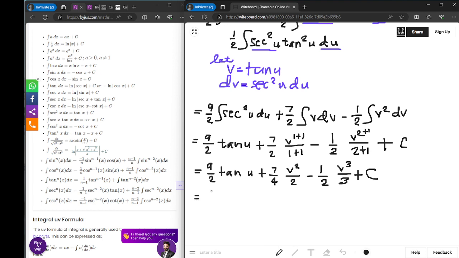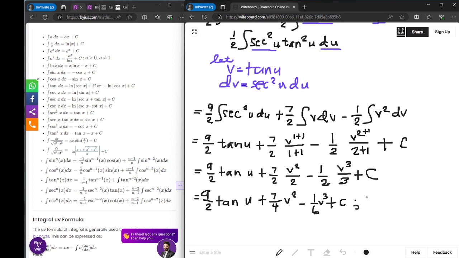Simplifying further, this is now 9 over 2 times tangent of u plus 7 over 2, so the result is 7 over 4 v squared, minus 1 half times 1/3, so that's 1 over 6 v cubed plus c.